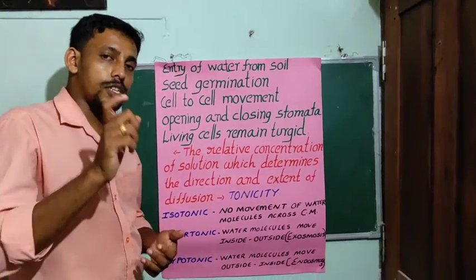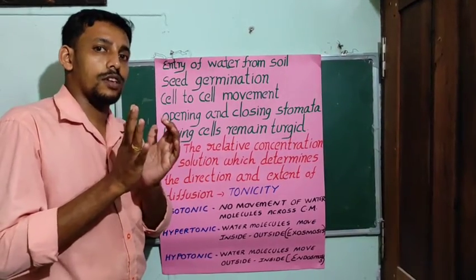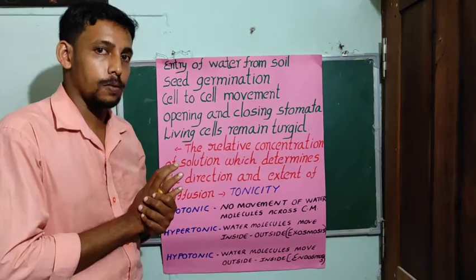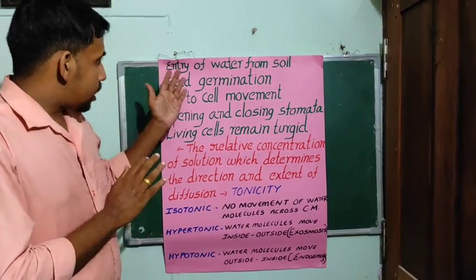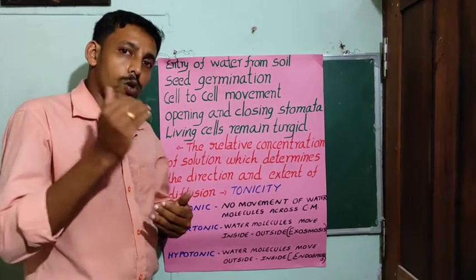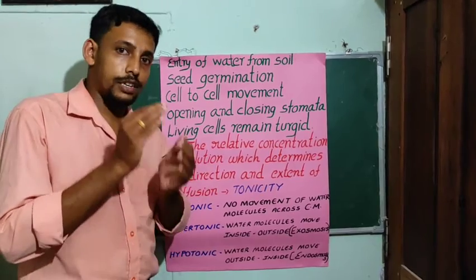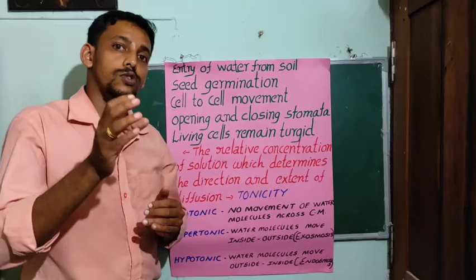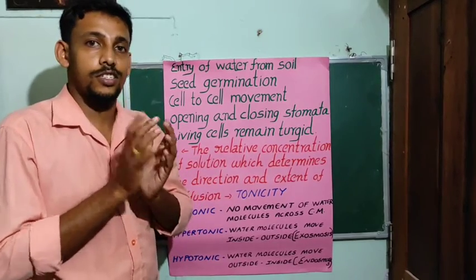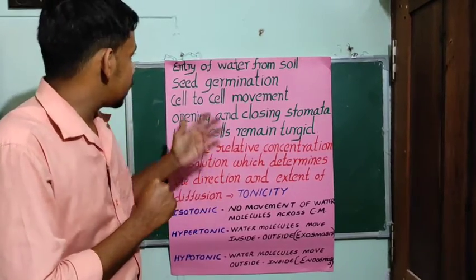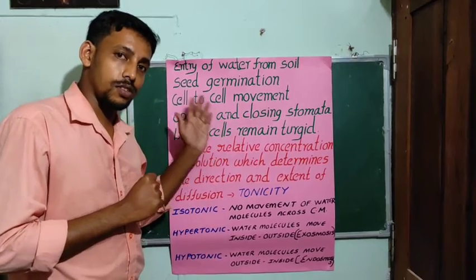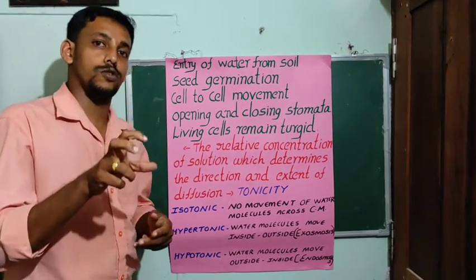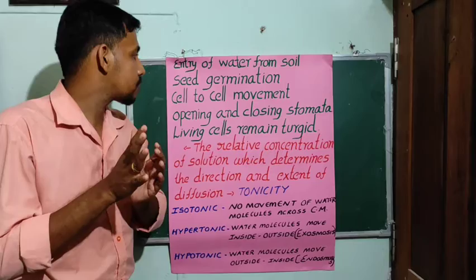Now we are going to study some of the importance of osmosis. The entry of water from soil into the root is due to osmosis. It's a very important thing. Then seed germination is also due to osmosis.